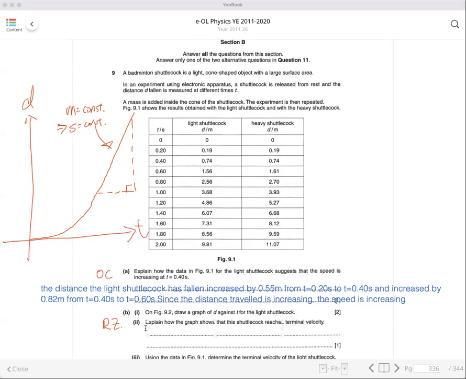Basically, when the gradient of the distance-time graph is constant. Is that clear? Okay, Ryan, do you understand how to improve your answer for part A? Use the information and then you need to go and calculate.